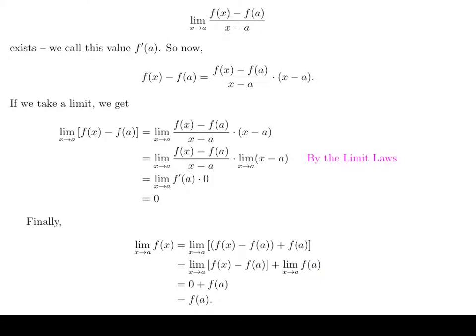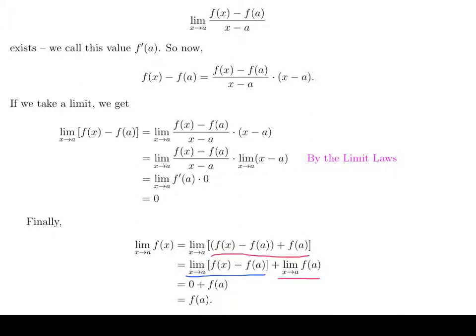Now let's go back and see how we can piece all this together. If I take f of x, I can rewrite that as f of x minus f of a plus f of a, and our limit laws say we can break this up. We've just proven that this part here comes out to 0. And f of a is just a number.